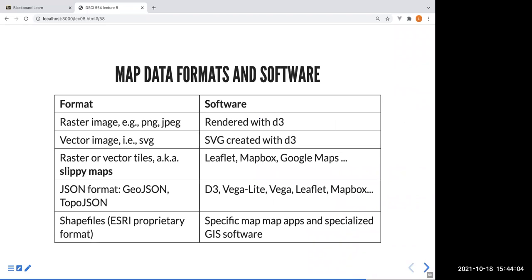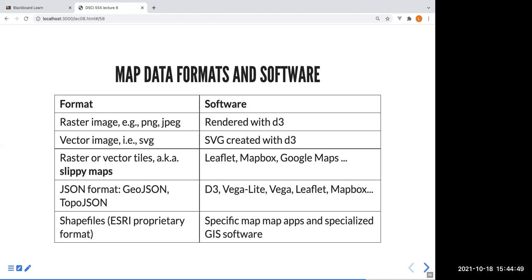So what software do you use? Obviously, there is quite a bit that you can use, and that spans from general visualization tools such as Degree, all the way to specialized software that is built for dealing with maps and with geospatial information, such as the shape files from ESRI. So we're going to see how to use it with D3, but also how we use maps with some slippy map layers.